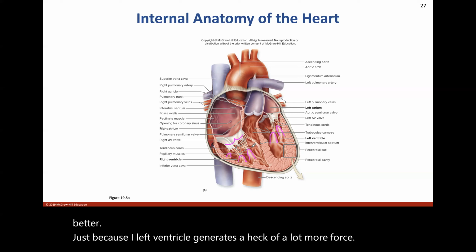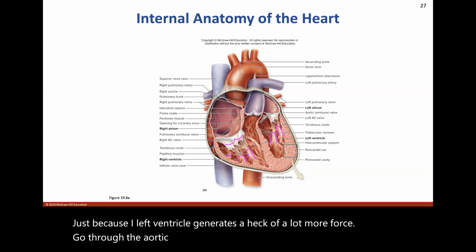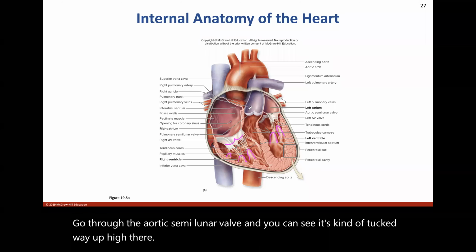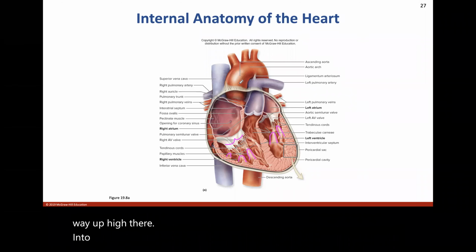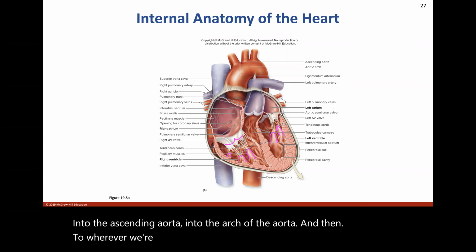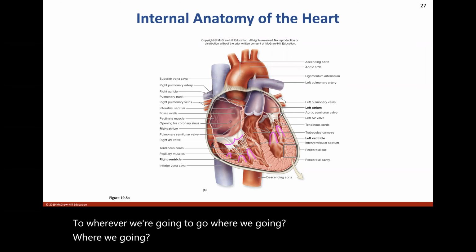Go through the aortic semilunar valve, and you can see it's kind of tucked way up high there, into the ascending aorta, into the arch of the aorta, and then to wherever we're going to go. Where are we going? Brachiocephalic trunk, left common carotid, left subclavian.